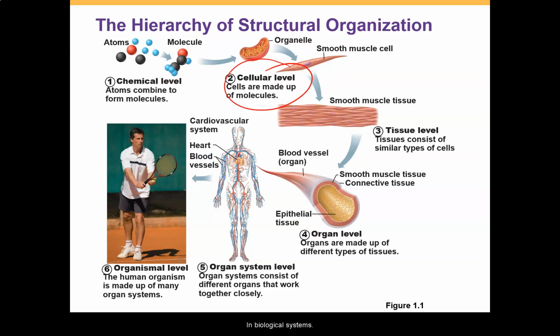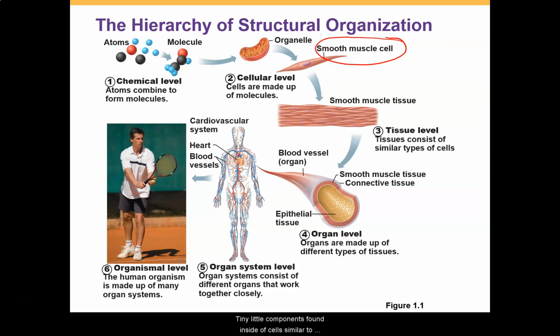In biological systems, the cell, such as this one shown in this diagram, this is a smooth muscle cell. Cells are said to be the smallest units that are considered to be alive. Viruses are not alive, atoms are not alive, molecules are not alive.